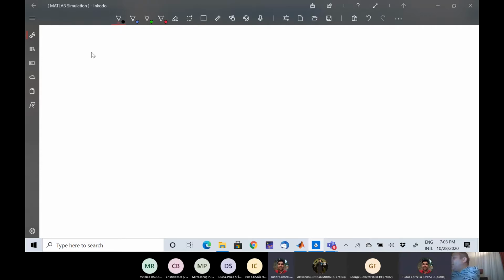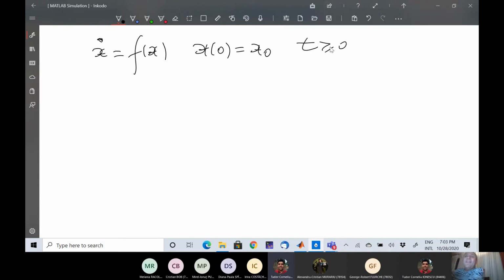I will take our simplest possible equation, an autonomous system. It's a Cauchy problem with a given initial condition, and our time is running starting from 0.